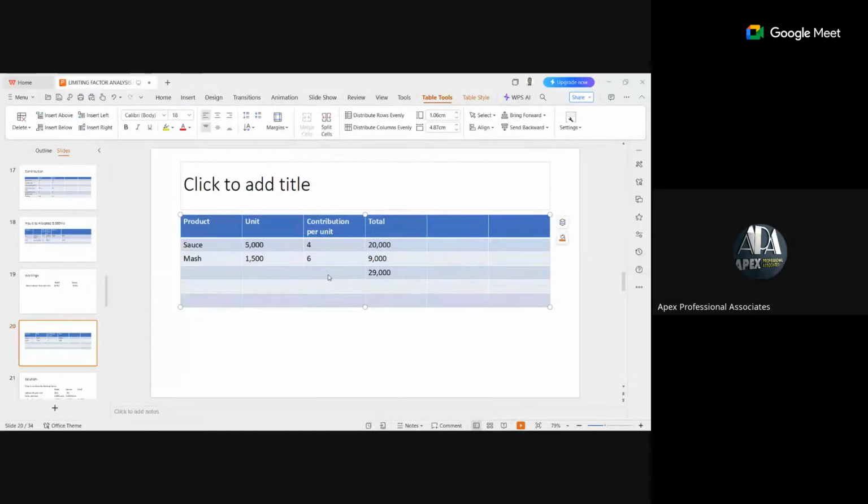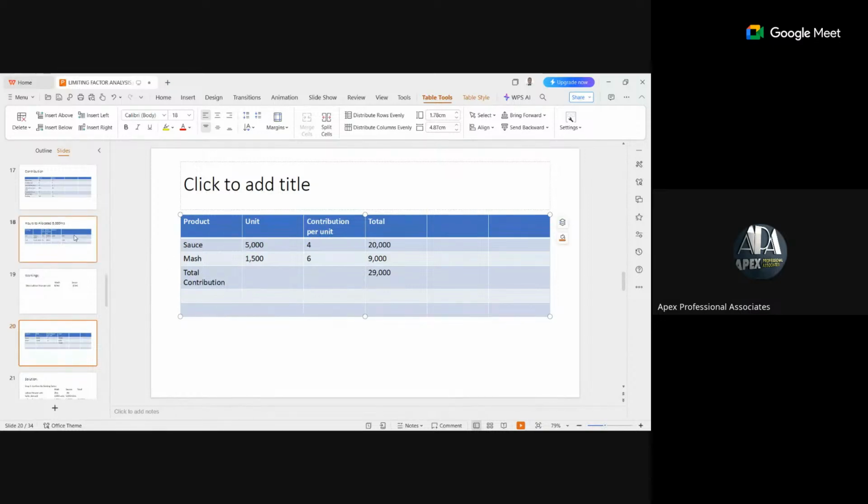So now we have our total contribution. This 29,000 is total contribution.